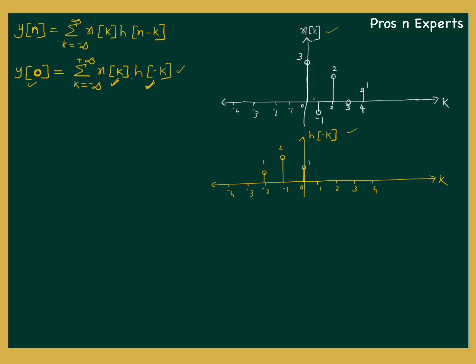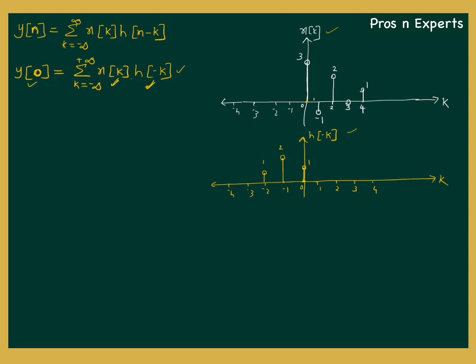Listen, I have drawn h of minus k right below x of k, in such a way that their k values coincide. Okay, k equal to 0 for x of k is right below k equal to 0 for h of minus k. That will be very convenient for your multiplication process.